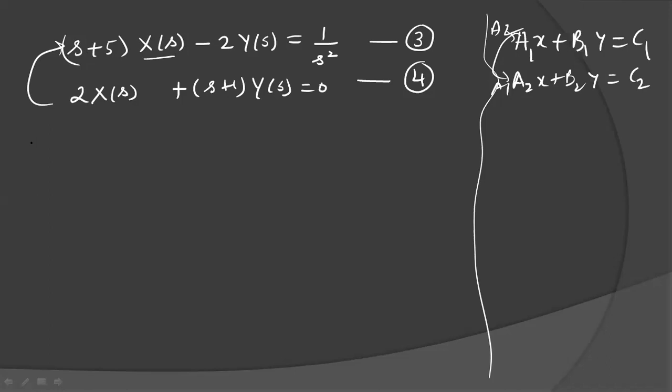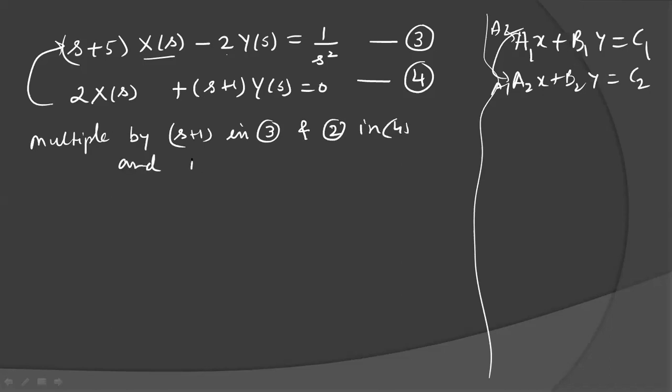Or you can multiply by s plus 1 here and multiply by 2 there and add. Whether adding or subtracting, whichever you want you can do. Multiply by s plus 1 in equation 3 and 2 in equation 4 and add the new equations.